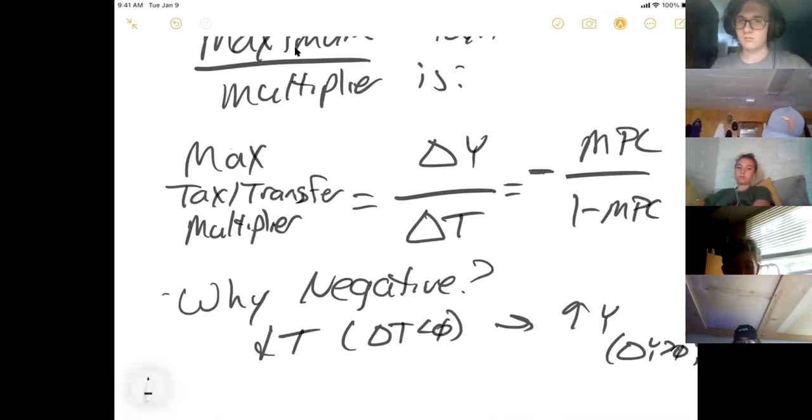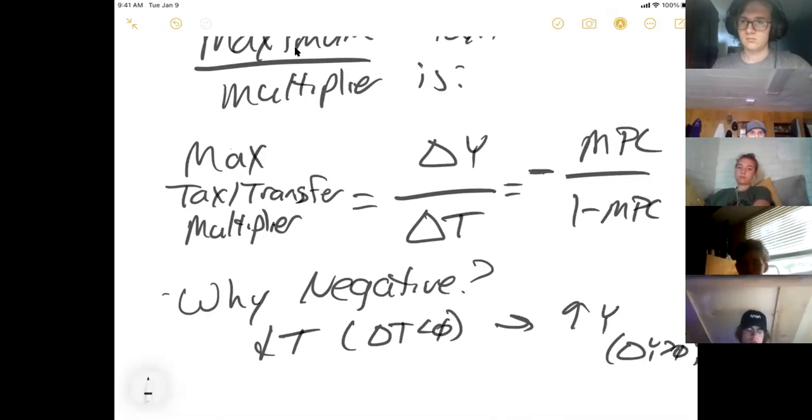Actually, now that I look at this, I didn't think about this this morning. This is actually a little confusing, isn't it? Because you think of a tax cut, but really a tax cut is the same thing as a positive transfer. Yeah, okay, so you have to be careful about this negative sign here, right?